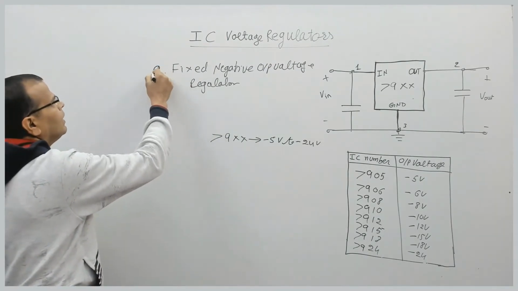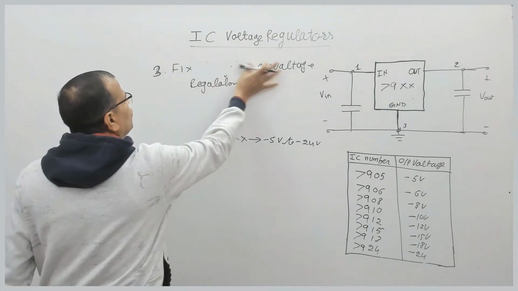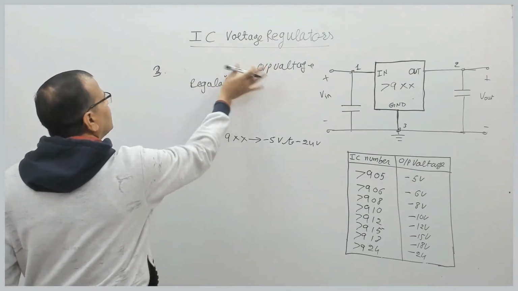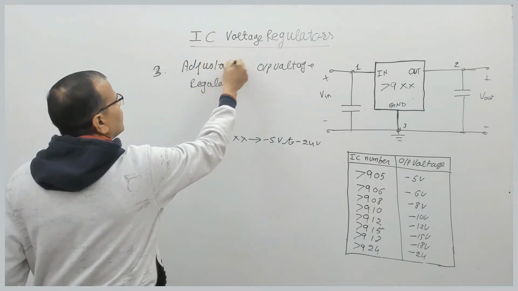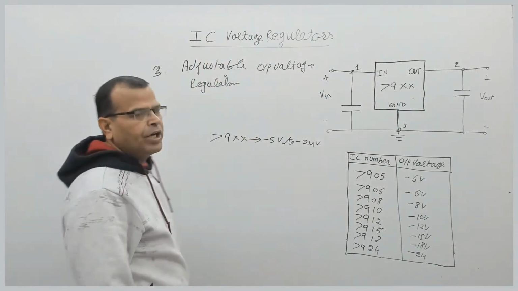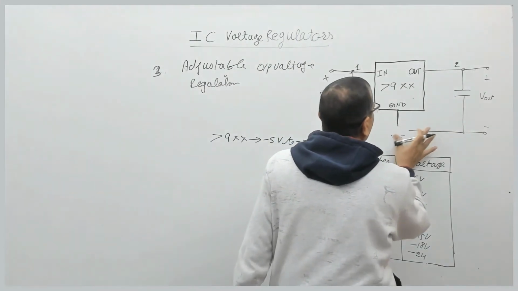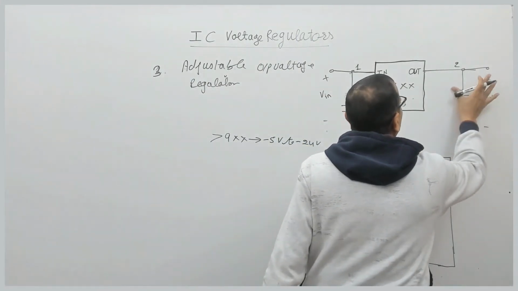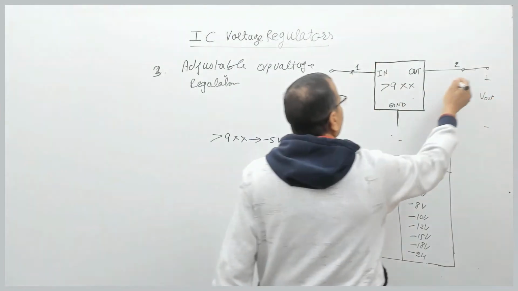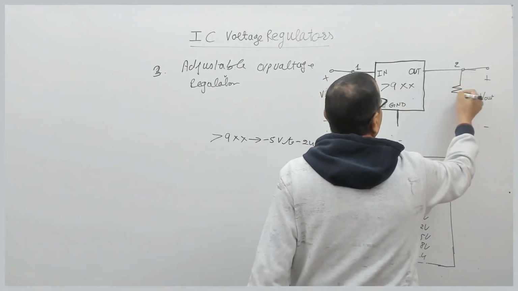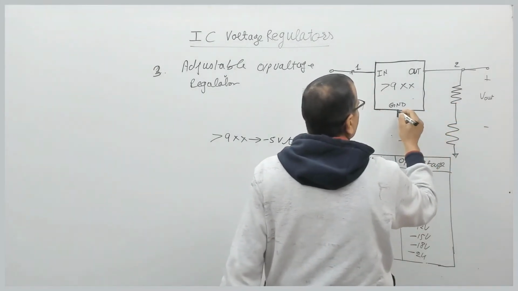And third one, we have what? That is adjustable output voltage. Instead of fixed, the third IC is the adjustable output voltage regulator. In the adjustable output voltage regulator, we can adjust the output voltage of the regulator by connecting an external circuit, that is a simple potential divider network like this.